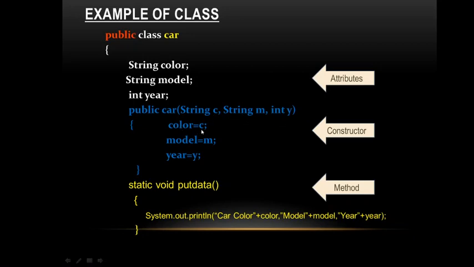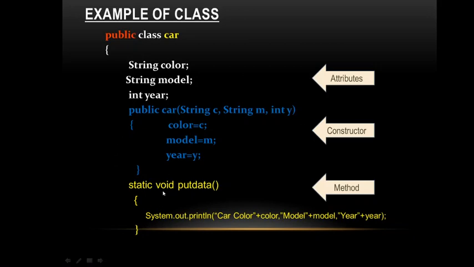So color is equal to C, that means the user is giving some value which will come through this C and it will be stored here ultimately. And similarly model is M, year is Y. So this portion is the constructor.